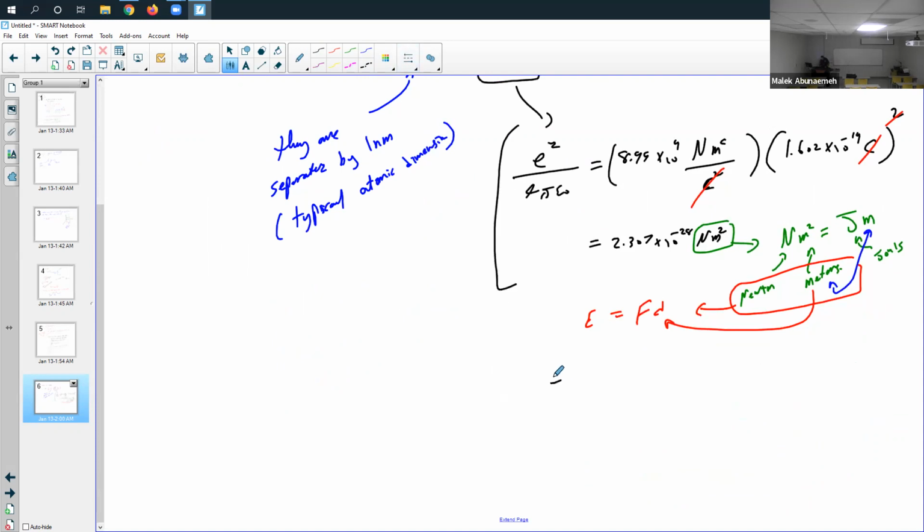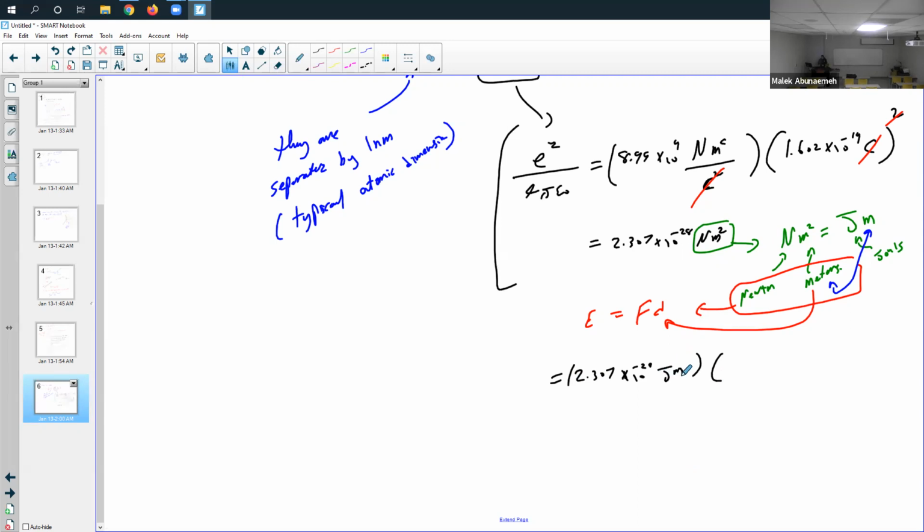So basically, this is going to equal 2.307 times 10 to the negative 28 joule meters.